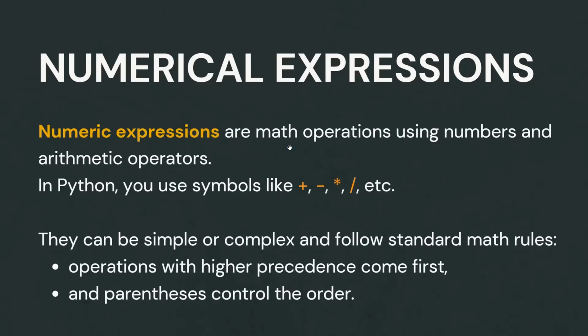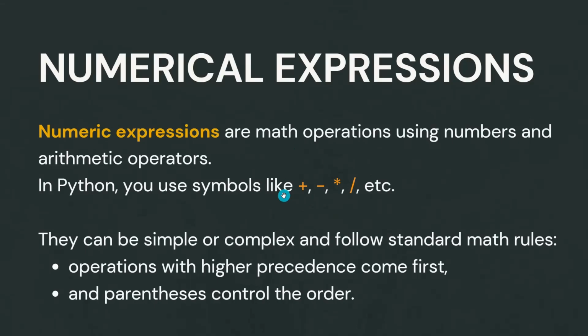Let's talk about what exactly these numeric expressions are. So, what exactly is a numeric expression? Basically, it's just a math operation like addition, subtraction, multiplication, and division that uses numbers, variables, and arithmetic operators in Python.